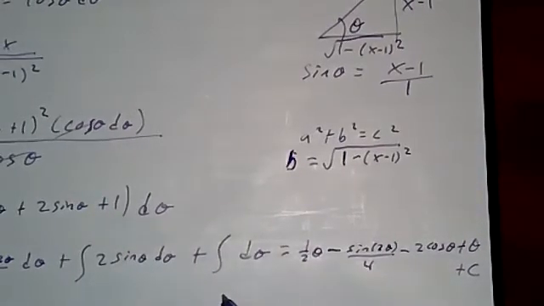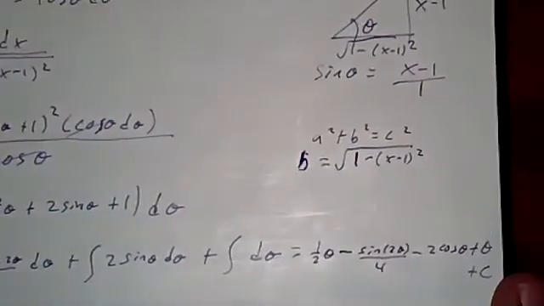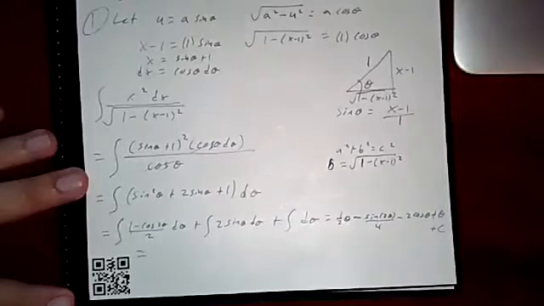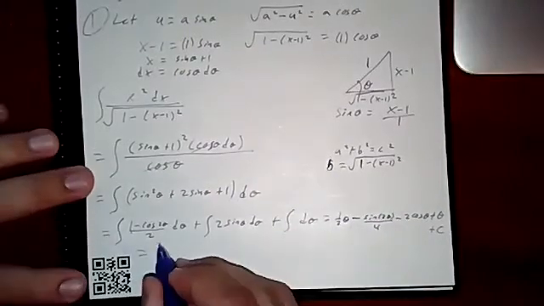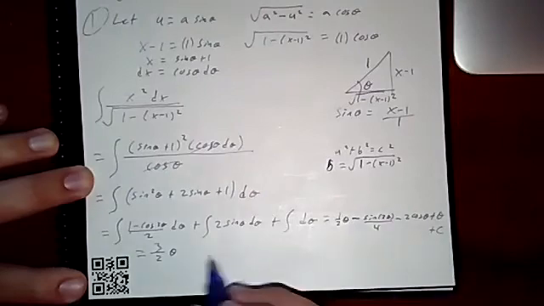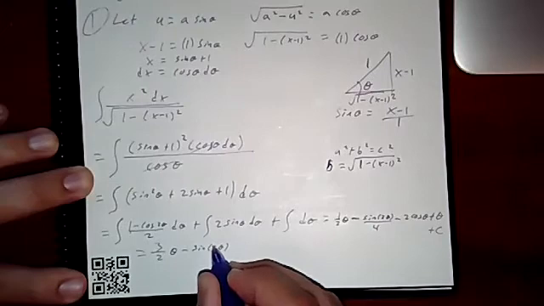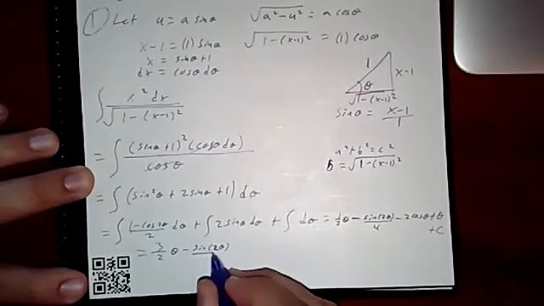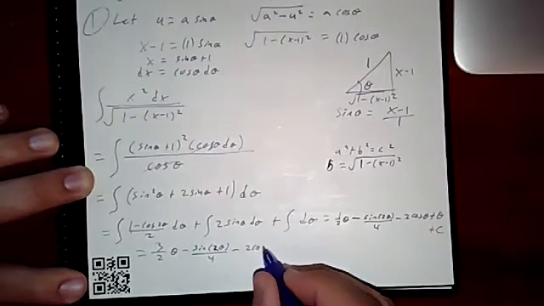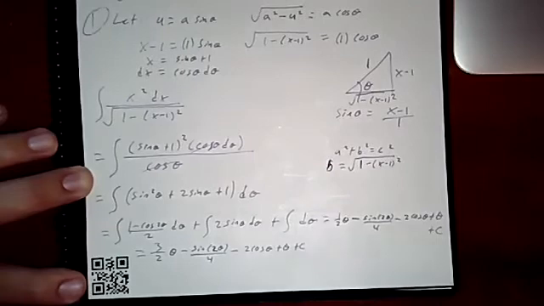So the final trig answer will be, let me write it again. This will be half theta plus theta, that'll be 3/2 theta, minus sine 2 theta over 4, minus 2 cosine theta plus C.